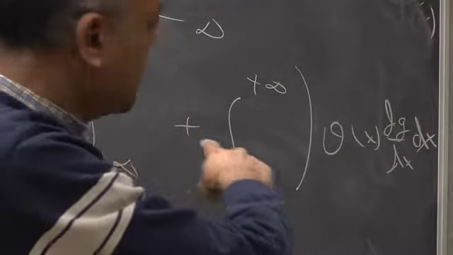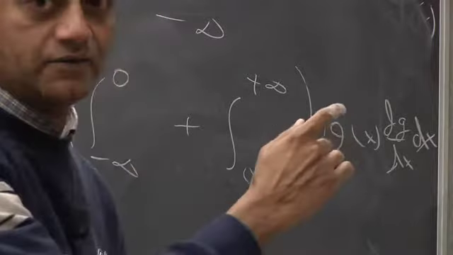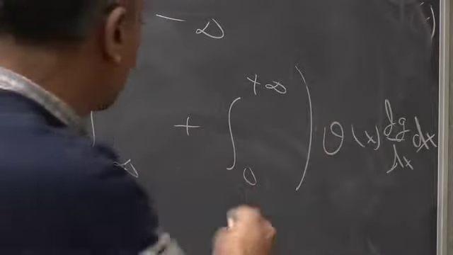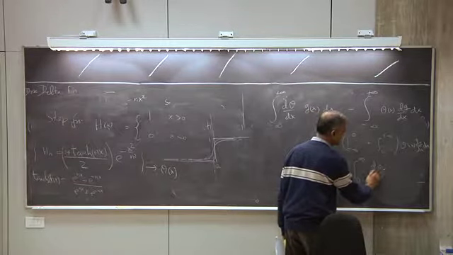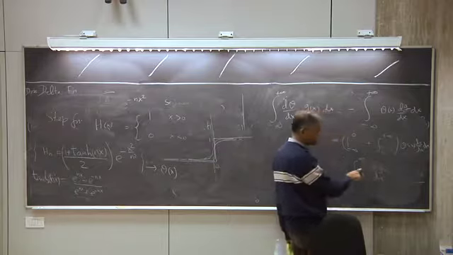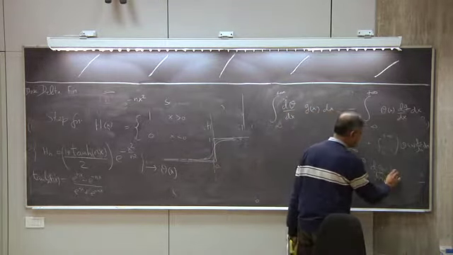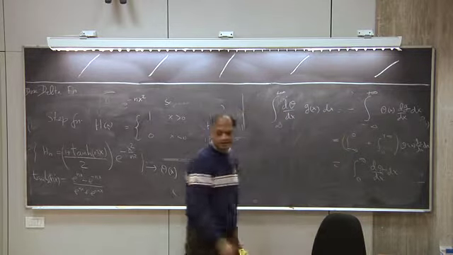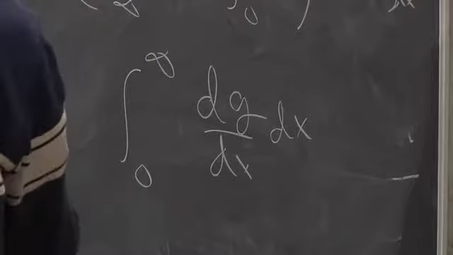So all that is left over is that integral, but the local value of theta for positive x is 1. So this integral is the same as 0 to infinity of dg by dx, because theta is just constant 1, right? Sorry, there's a minus sign here. I forgot. There's a minus sign out here.